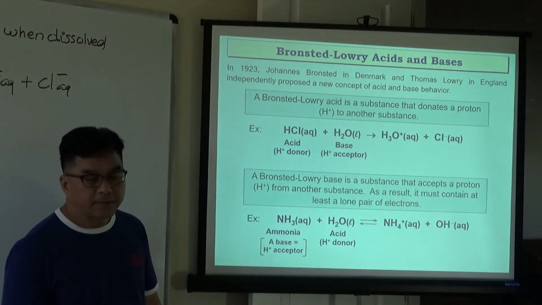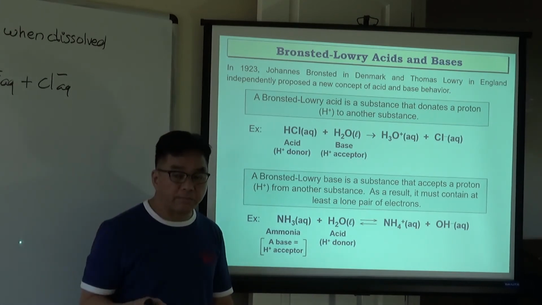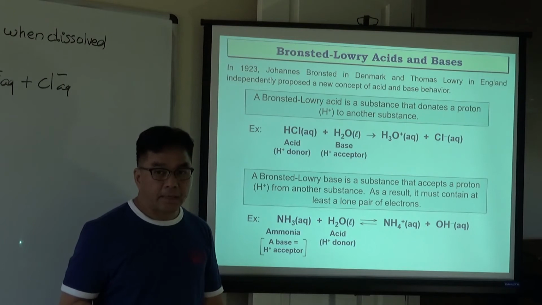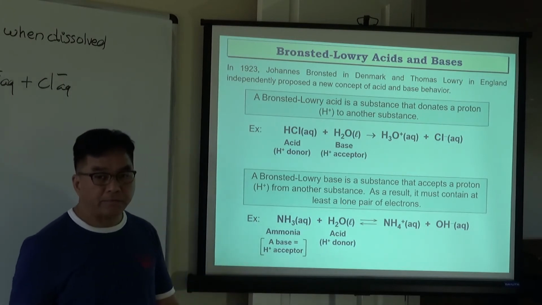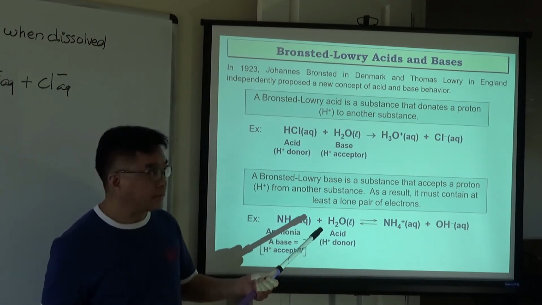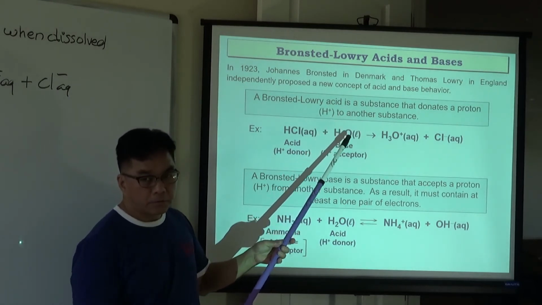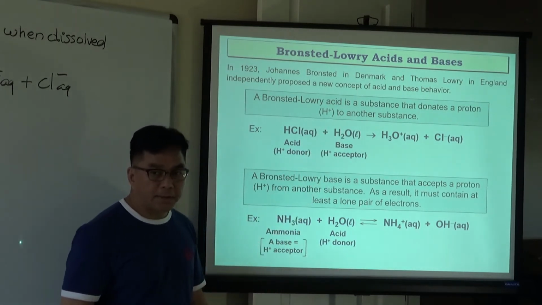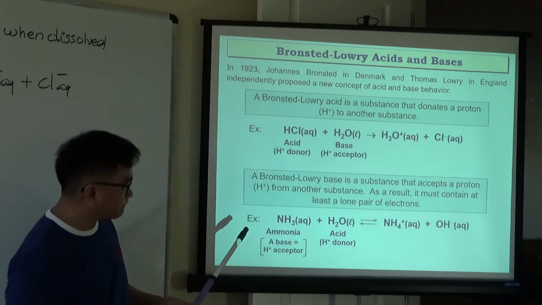So it's similar to Arrhenius' definition, right? Because Arrhenius' definition of an acid is a substance that produces hydrogen ions when dissolved in solution. And therefore, if you produce hydrogen ions, you are also a proton donor, because the hydrogen ion is also known as a proton.